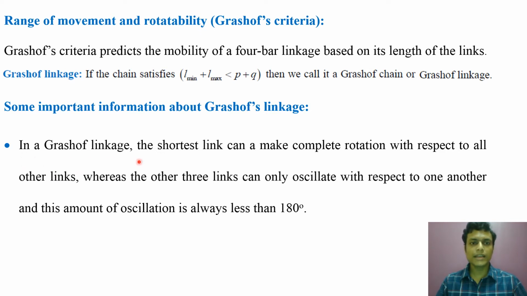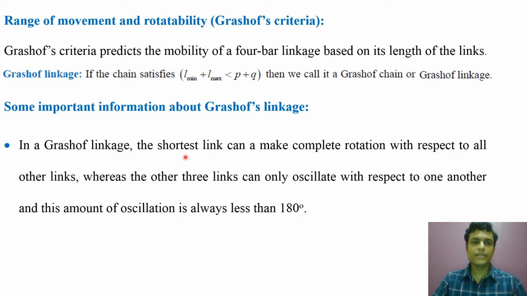In a Grashof linkage, the shortest link can make a complete rotation with respect to all other links, whereas the other three links can only oscillate with respect to one another, and this amount of oscillation is always less than 180 degrees.